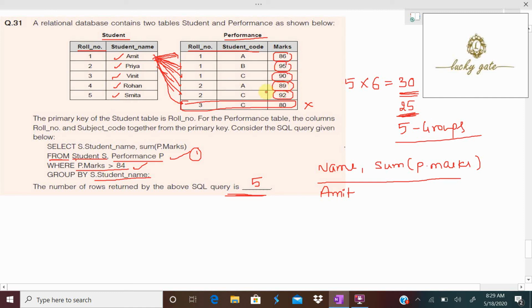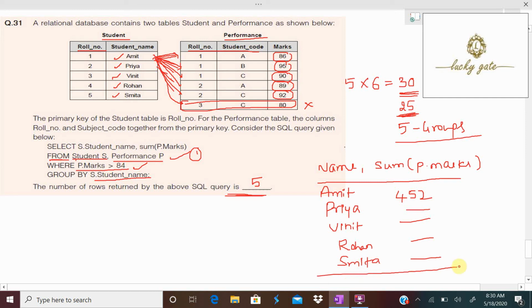Its summation will be 452. So it is going to display 452. Similarly, it is going to print 1 row for the group Priya with a similar value, and similarly Vinit and Rohan and Smita and so on.